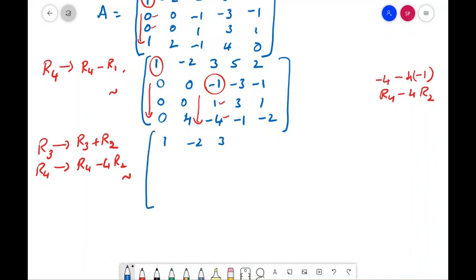1, minus 2, 3, 5, 2, then 0, 0, minus 1, minus 3, minus 1, and then 0, 0, R3 plus R2, which I am transforming: 0, 0, 0.